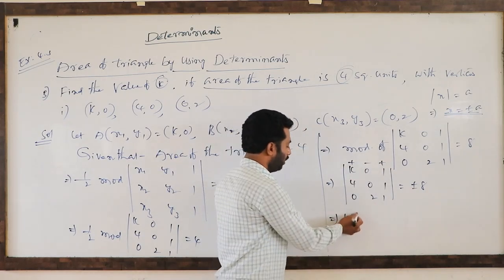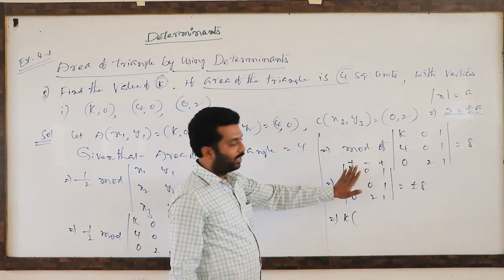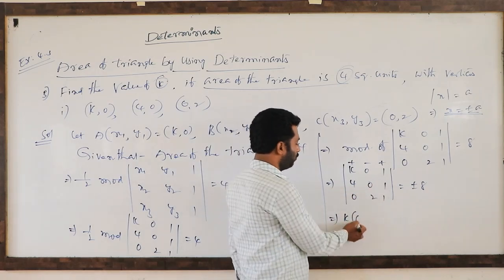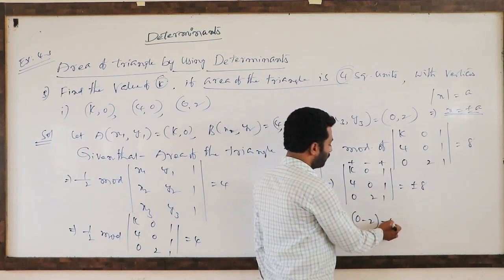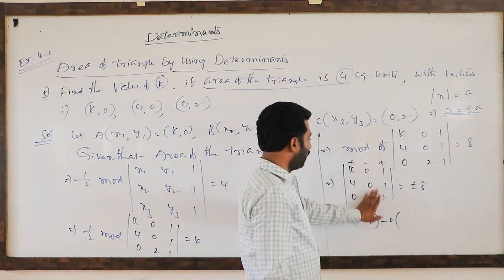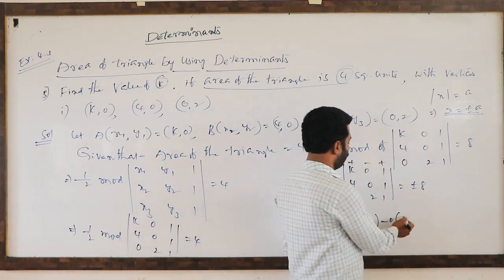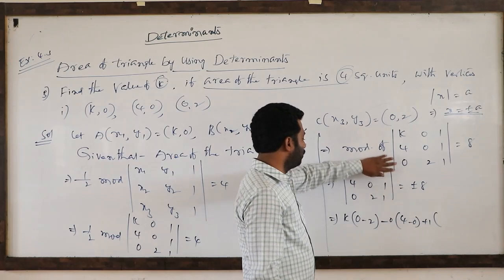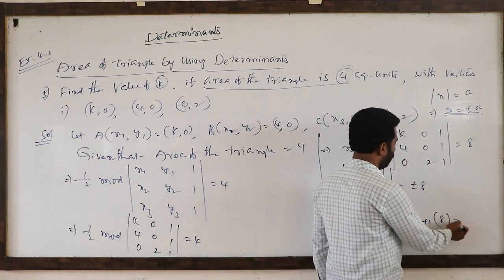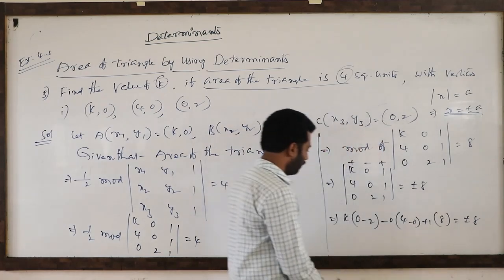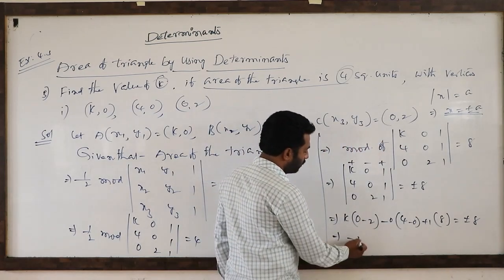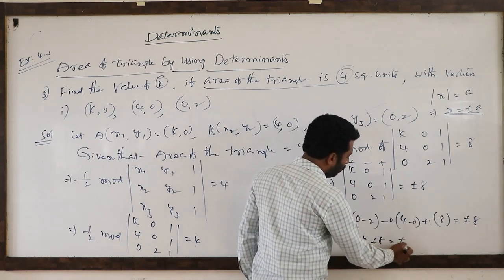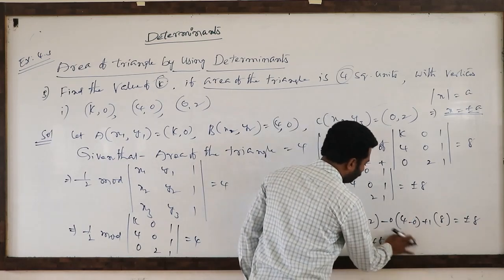Here k into, along the first row selecting the first column, closing the first row, this is 0 minus 2, minus 0 into, closing this column and this row, 4 minus 0, plus 1 into, closing this column and this row, 8 minus 0, equals plus or minus 8. So very clear, this is minus 2k, this is 0, plus 8 equals plus or minus 8.